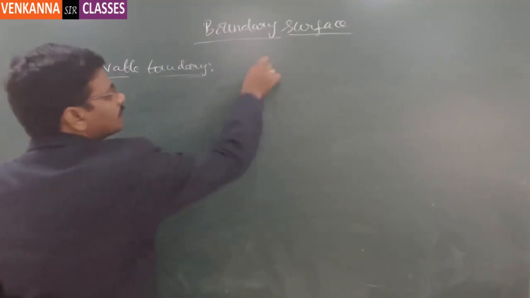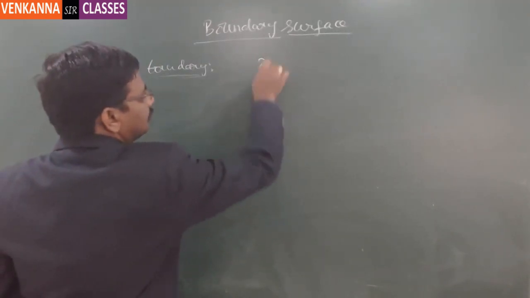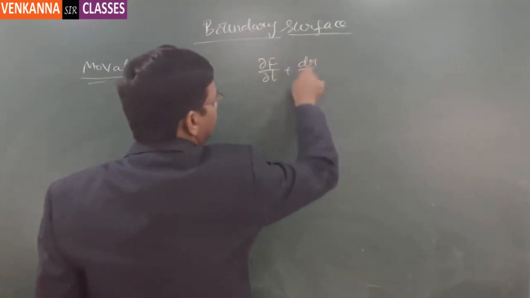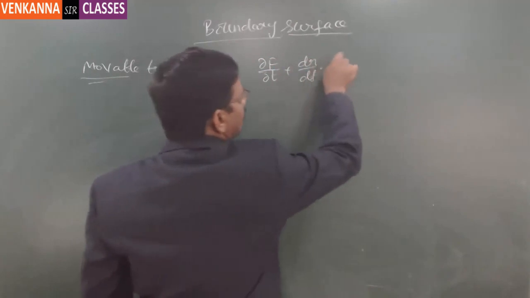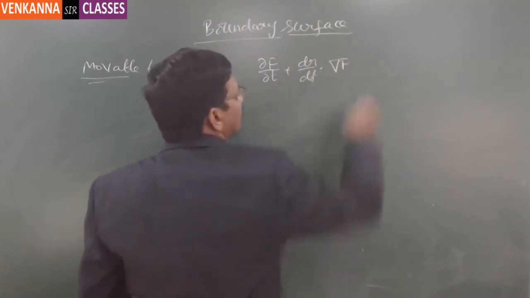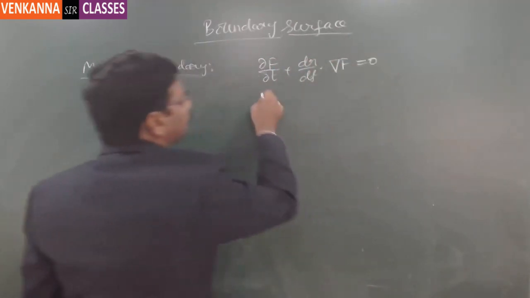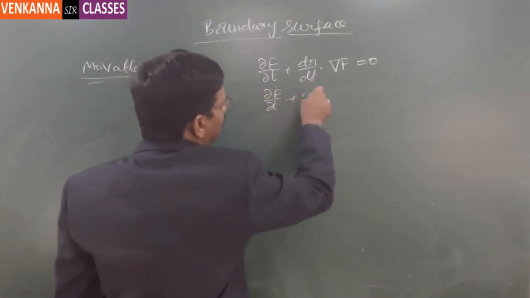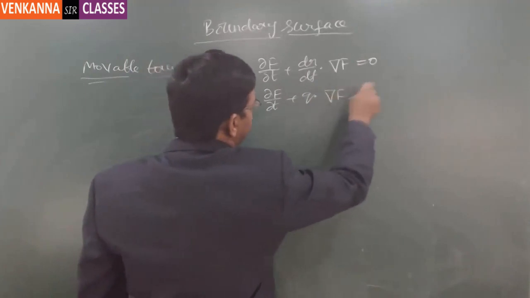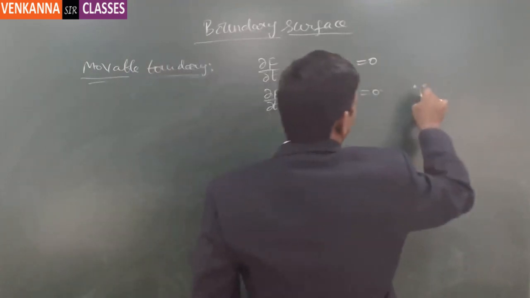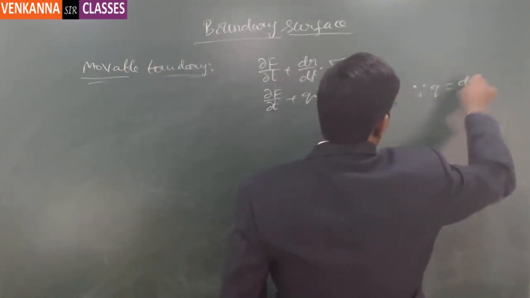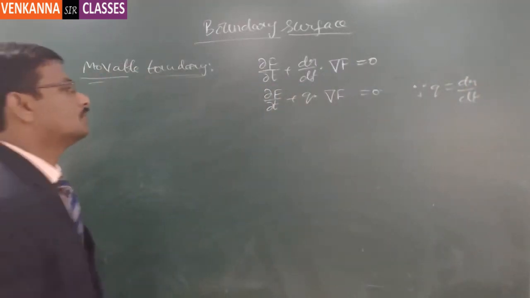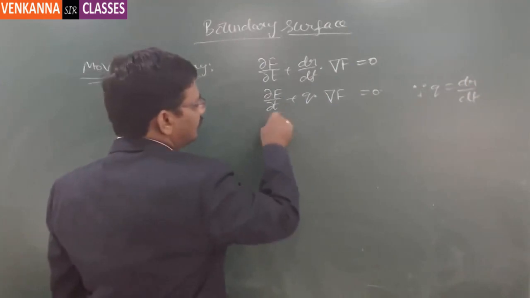Okay, so this boundary condition we have got is ∂f/∂t plus dr/dt dot ∇f equal to 0, or ∂f/∂t plus q dot ∇f equal to 0, since q is equal to dr/dt, because this is nothing but the velocity of the fluid. So this is the boundary condition.